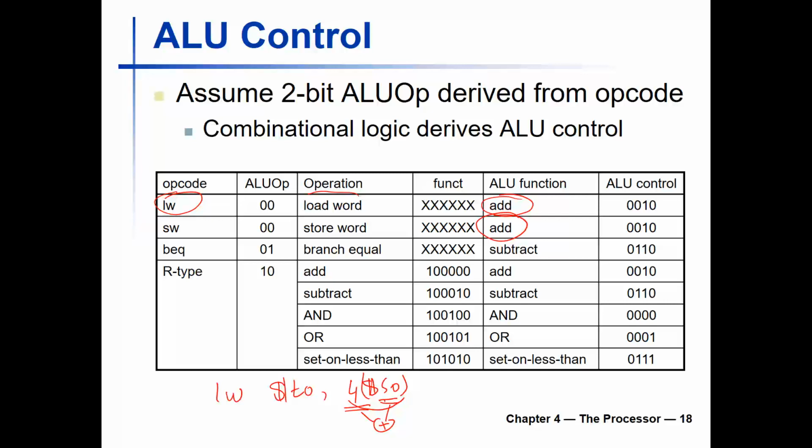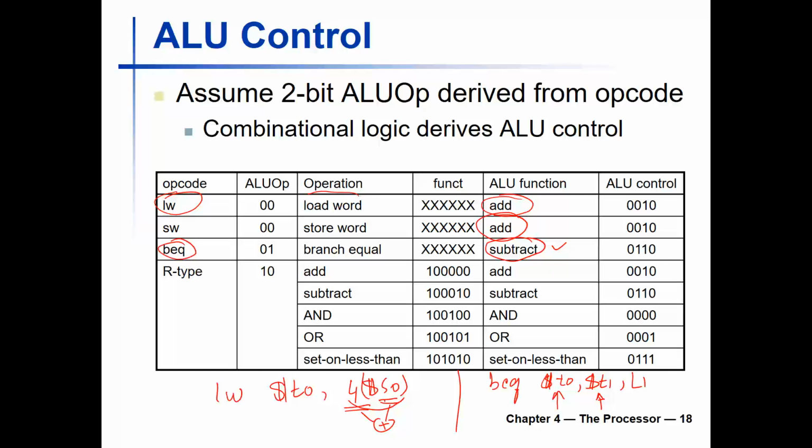address. In case of branch if equal, we need to subtract the two registers. So for instance, if I have beq t0, t1, L1, I have to know if these are equal, and the way to do it is to subtract one from the other and detect the zero flag. That's why we need a subtract operation for branch if equal.